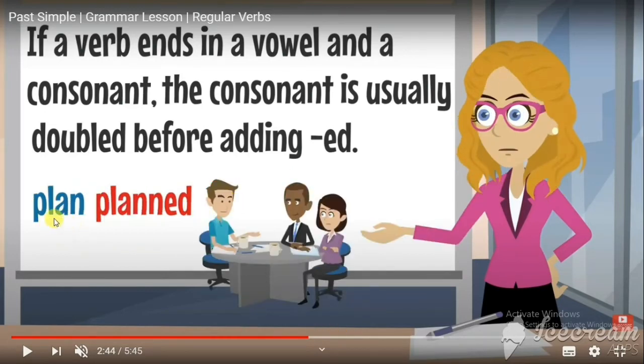Plan, CVC. Consonant, A is a vowel, and consonant. So we double the last letter, the letter N, then we add ed. Plan, planned.